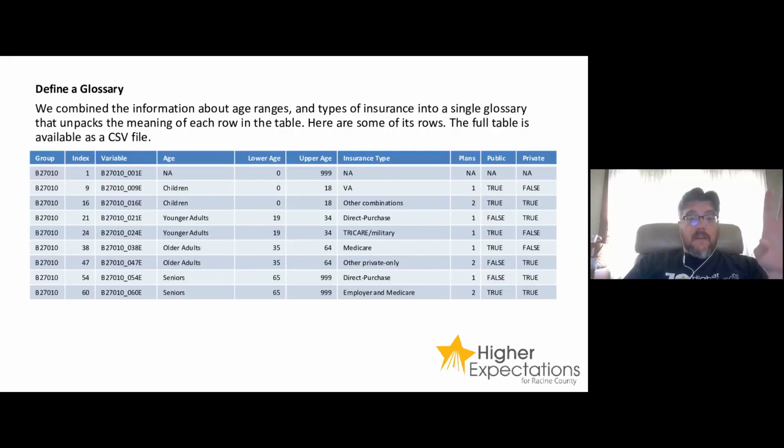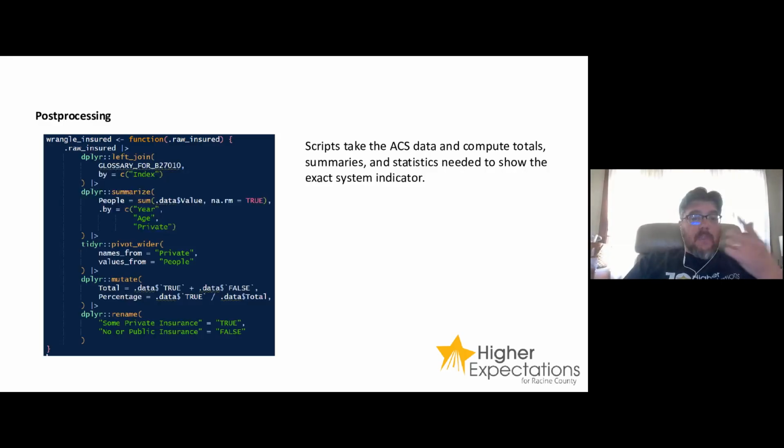And I was like, okay, we can do that. And so then we came up with this final glossary. So we have all the ages and the insurance types, and then we break that down into public versus private. So we can do our final aggregation, and that's the R code that does that.